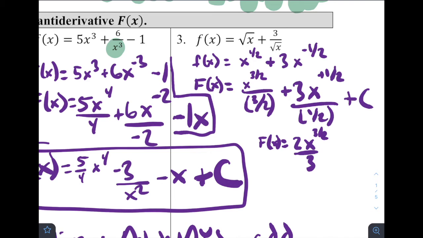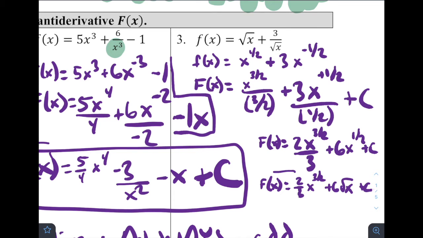So that's going to be 6x to the 1/2 plus the c. So altogether, that looks like 2/3 x to the 3 over 2 plus 6 root x plus c. It's going to be our answer for problem number 3.